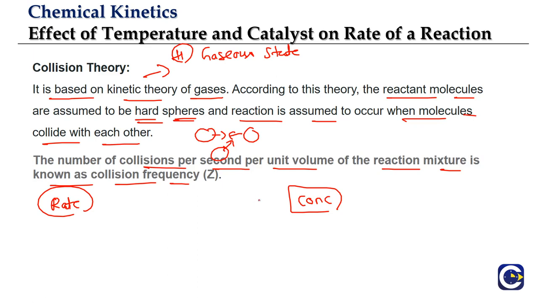And this fraction, we already saw, is basically e power minus EA by RT. So this will indicate what fraction of the particles are having energy more than the activation energy. If we multiply this fraction with the overall concentration of particles, it will give us the concentration of particles having energy more than the activation energy.